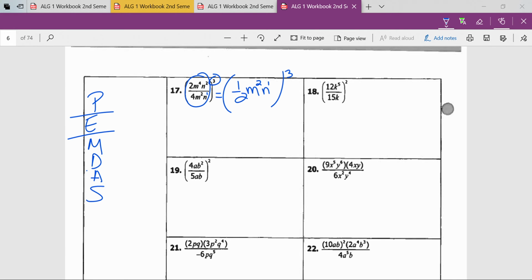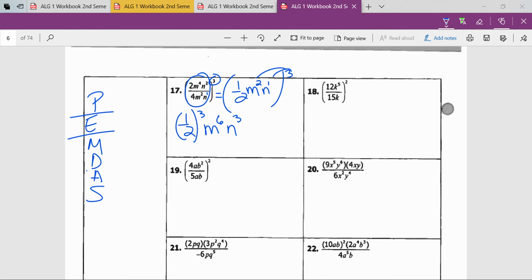Now we're focusing on the next part. Now, everything inside is being raised to the third power. The 1/2 is being raised to the third power. The m squared is going to be raised to the third power, so that's going to be m to the 6, n to the 3. Very good. Remember, you have to multiply the exponents.